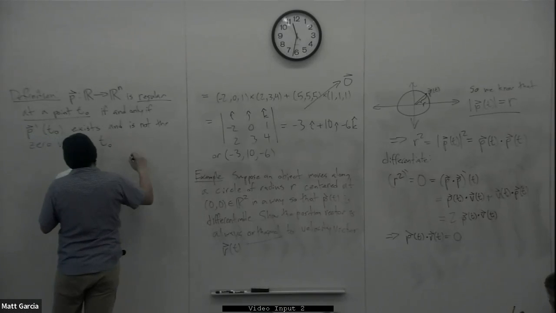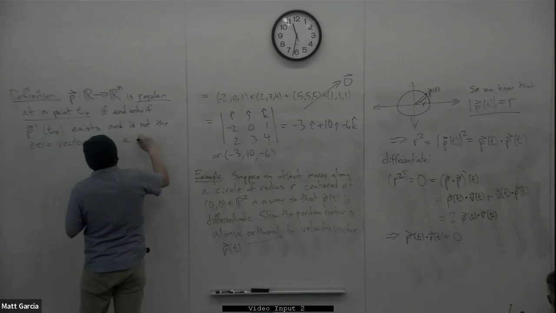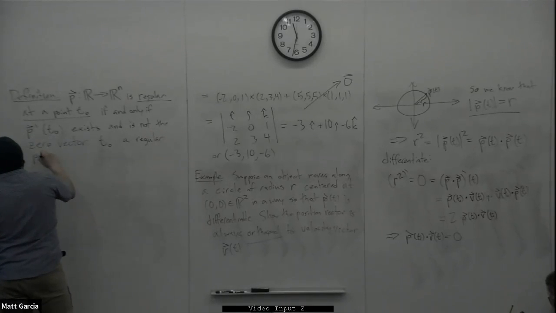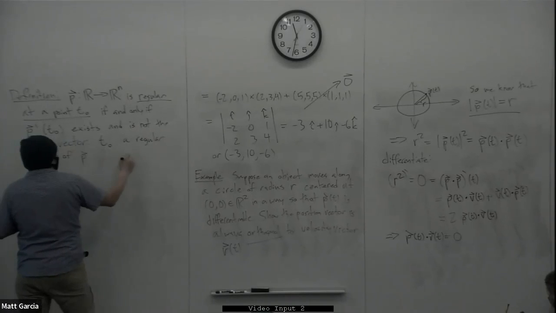In such a case, we call t naught a regular point of p hat.